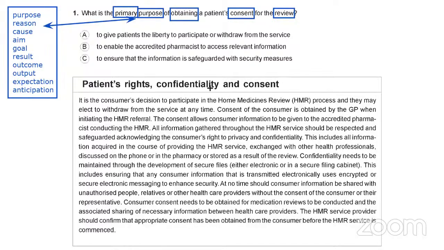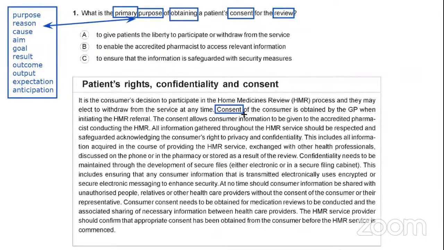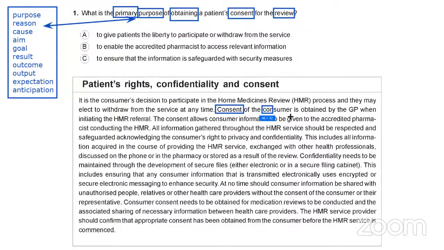Now let us see here. Consent. Consent is here. Number one, the consent of the consumer is obtained.